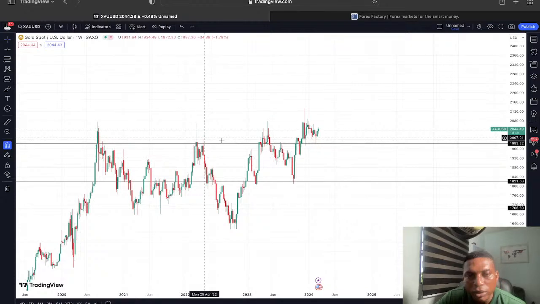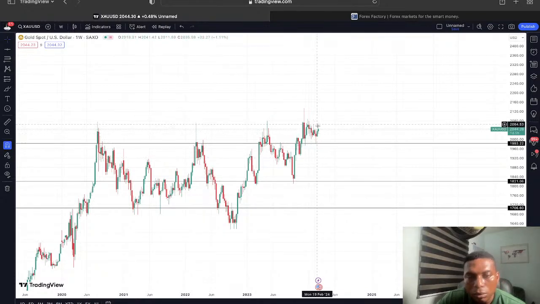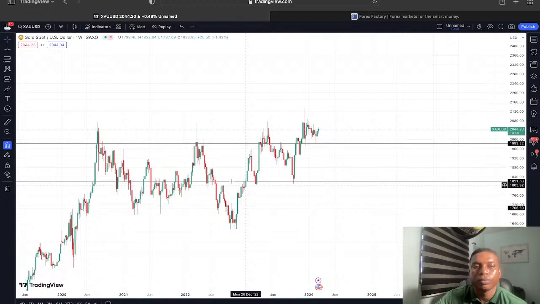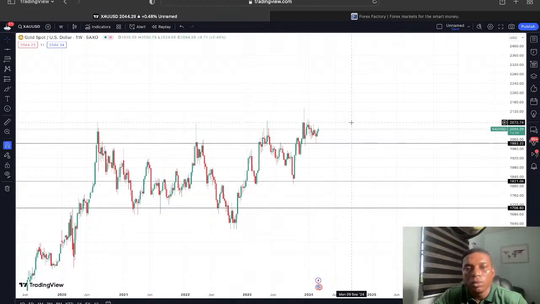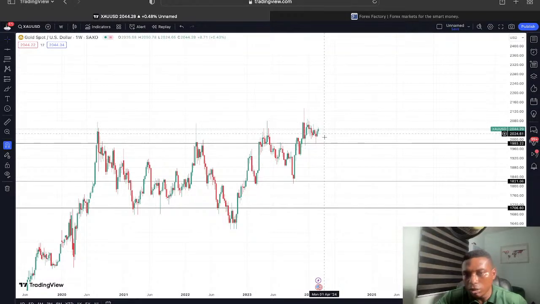Now on the weekly time frame here, we can see that price is ranging on this support zone.